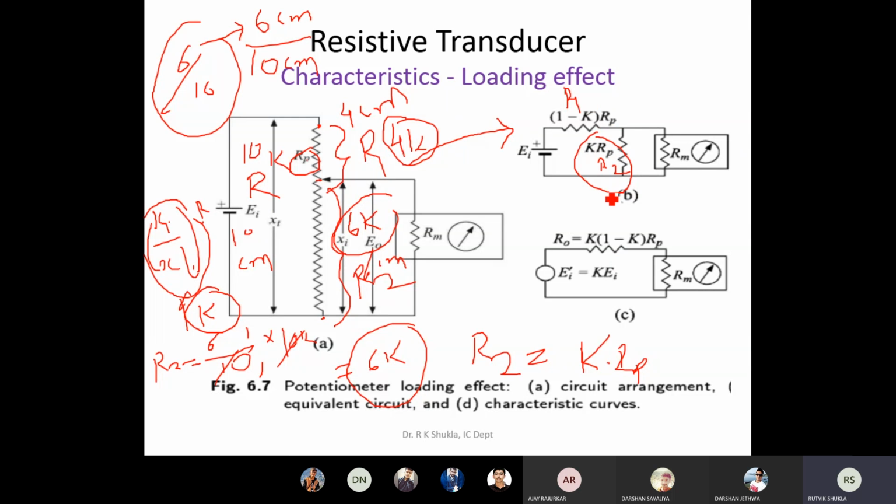So R1 is equal to RP minus KRP. R2 is KRP. RP is your total resistance. So after 10 minus 6, you are getting 4. In this case I'm writing it in equation form. So RP minus KRP, RP common, so it becomes 1 minus K into RP.